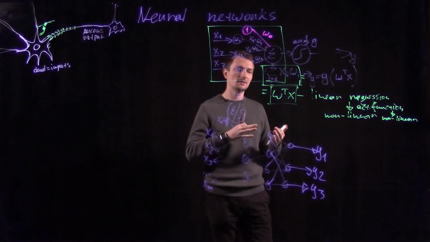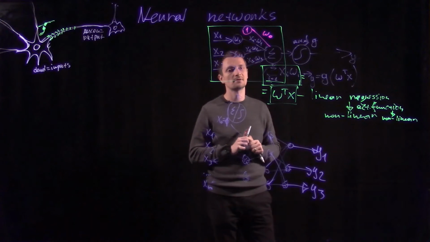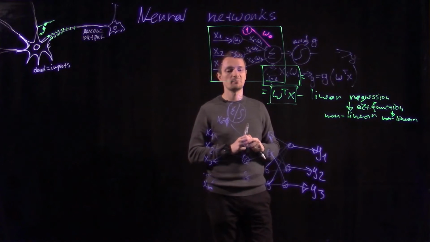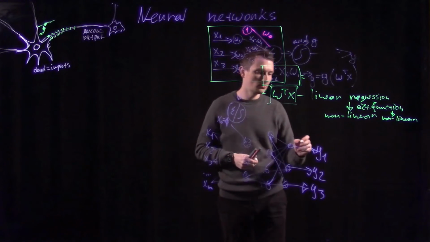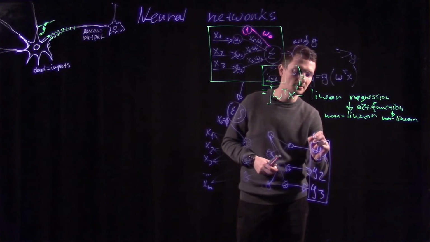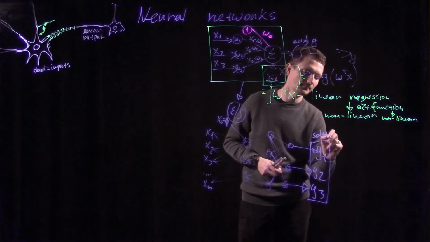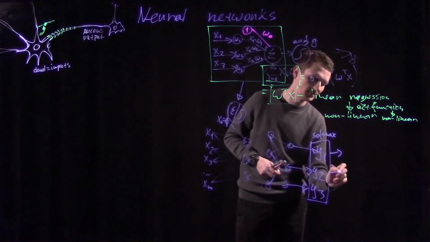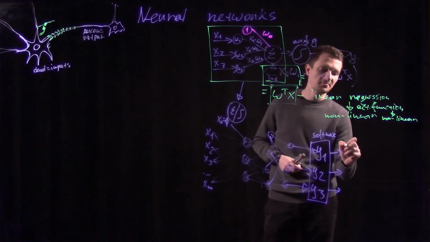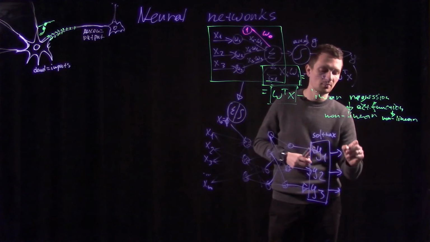But the structure, the idea of neural network is so unified that you basically can also apply it to build a classification model. For that, you add an additional layer, normally it's called softmax, that will transform your outputs to values between 0 and 1.